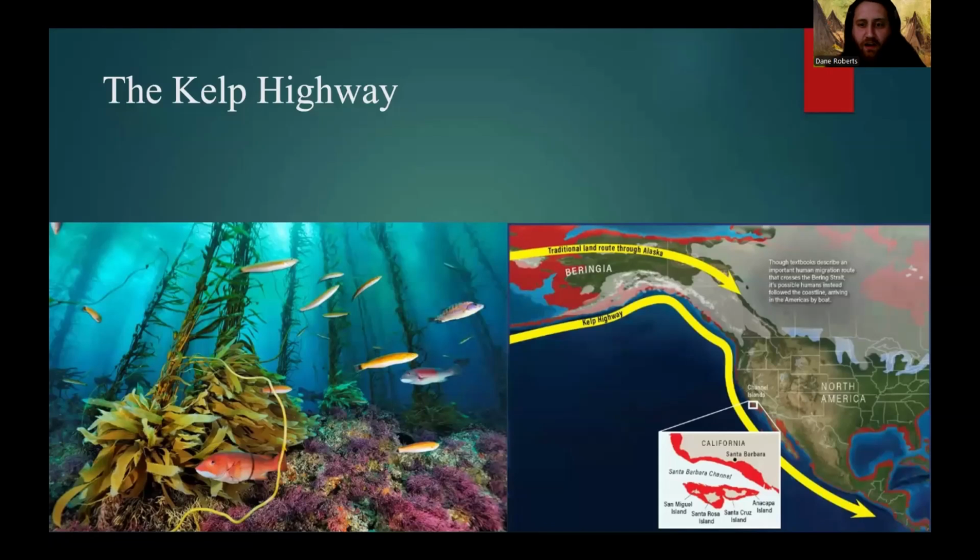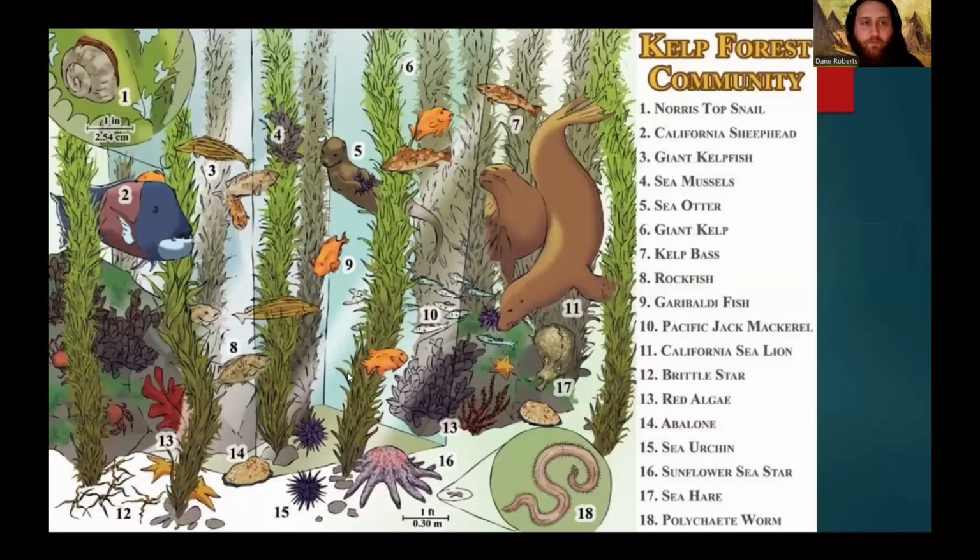Highway, named for a route that was abundant with various food resources such as kelp and fish and other marine food sources that the ancient ancestors of the Native Americans who rode on the boats along the Kelp Highway could utilize to feed themselves.